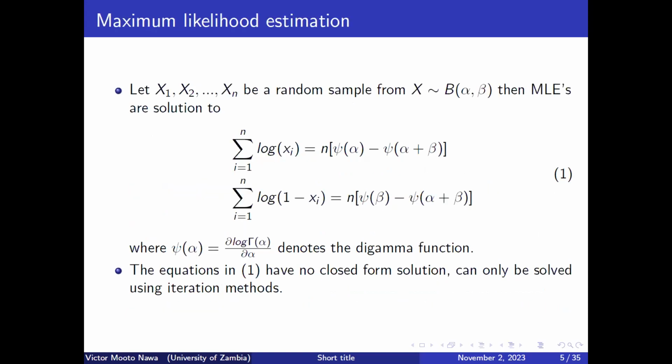What is generally used is maximum likelihood estimation. We take a random sample of size n from a beta distribution. The maximum likelihood estimates are the solutions to these two equations, which, as we can see, cannot be solved explicitly.